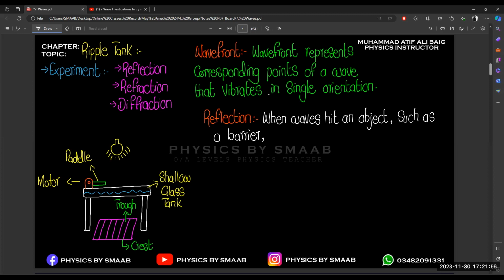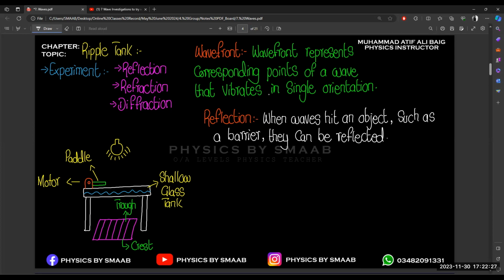So when waves strike that barrier, or you can also take the example of sea waves, when the water waves are coming towards your side, if you place anything in front of it, definitely the water waves strike that barrier and reflect back. So they can be reflected.